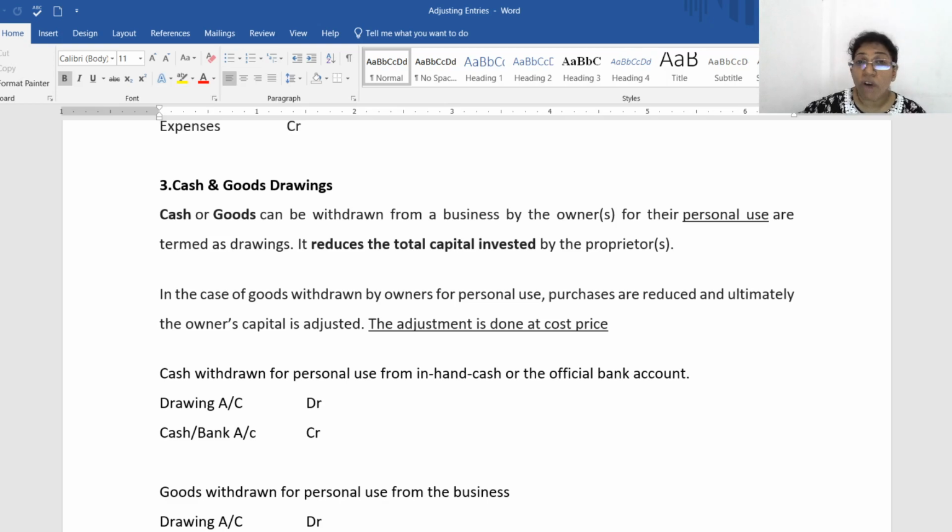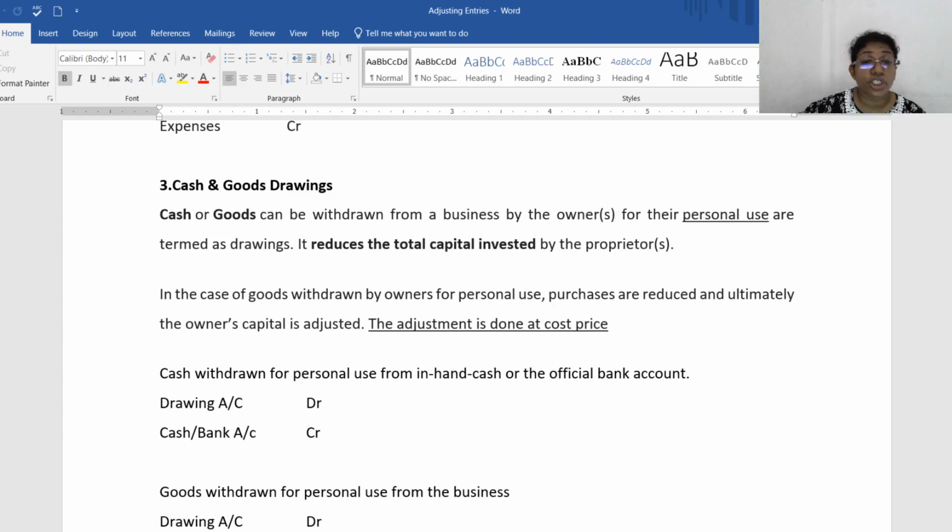Therefore, what the owner takes out from the business in terms of cash or in terms of goods is recorded as the drawing. Since this person is using this amount for personal benefit, we are going to reduce it from the total capital invested by the proprietor.